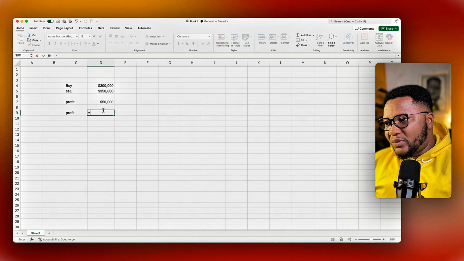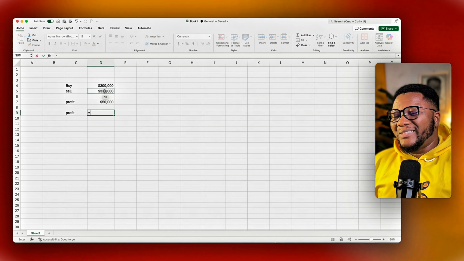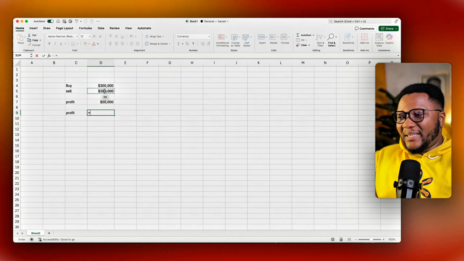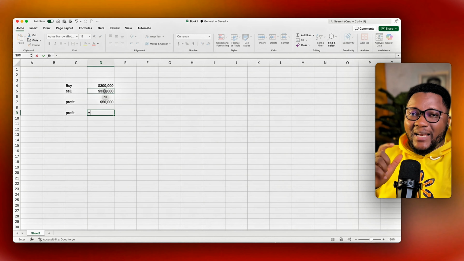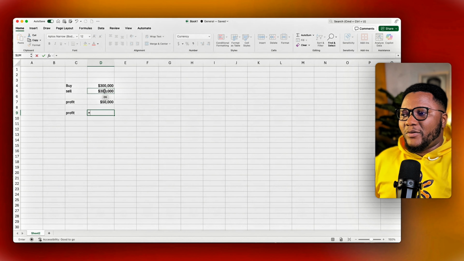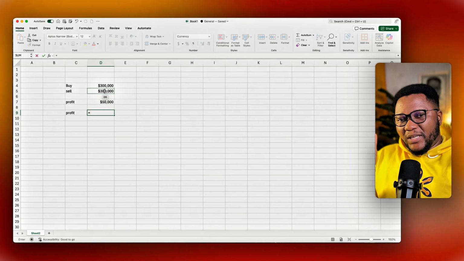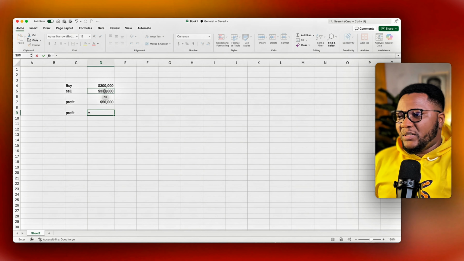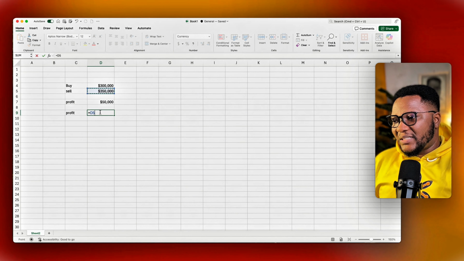So I did equals to, then I'll now click on the cell where my cell something is, because it's how much I sold it minus how much I bought it. So you can see it referenced the cell as D5. This is column D. If you trace it, this is 5.